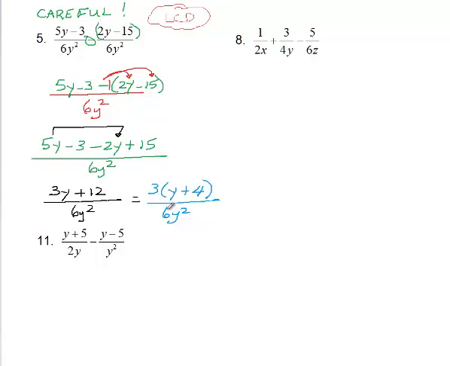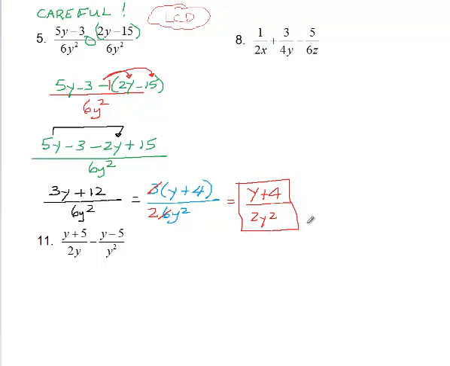We can see that the 3 is multiplied now. It's outside the bracket, so I can cancel this 3 with or divide this 3 into the 6, whatever way you want to say it. 3 goes into 6 twice. That's permitted to cancel like that. So our final answer is y plus 4 over 2y squared. So there's number 5.